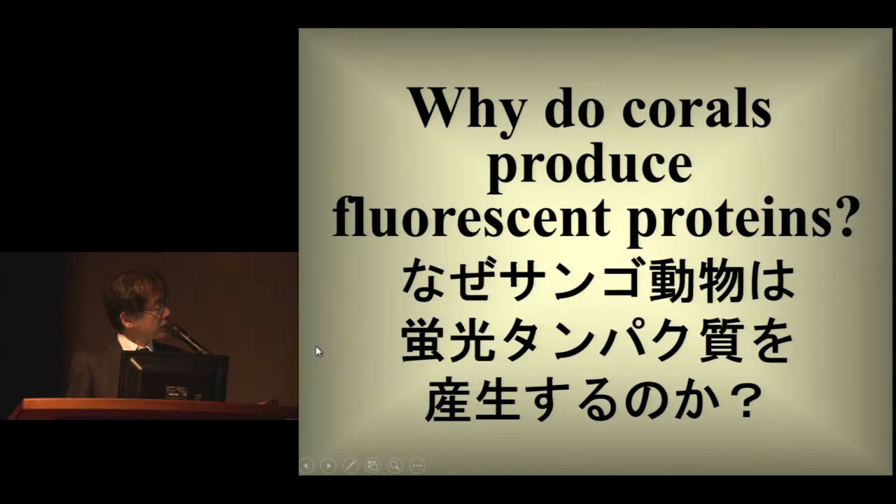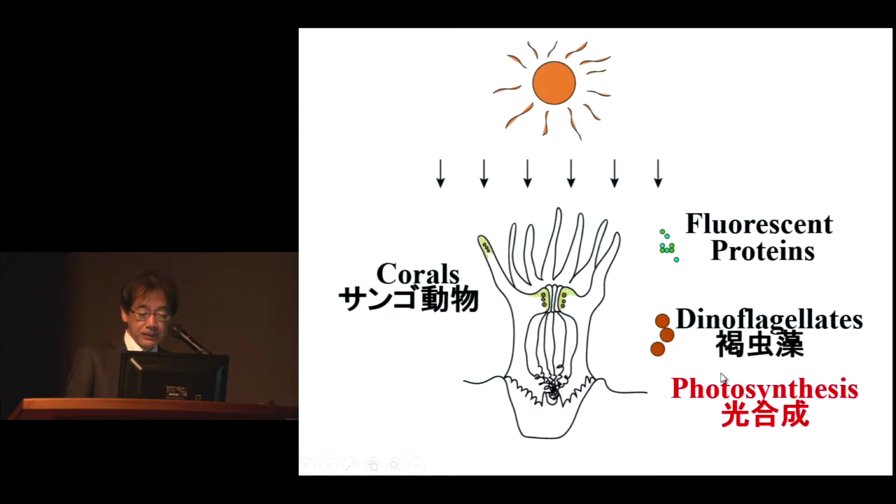Okay. And I think it's very interesting and important to think about why corals produce those fluorescent proteins. Okay. So then I have to tell you about the dinoflagellate. Okay. The dinoflagellates are unicellular algae that are ubiquitously abundant in aquatic environments.